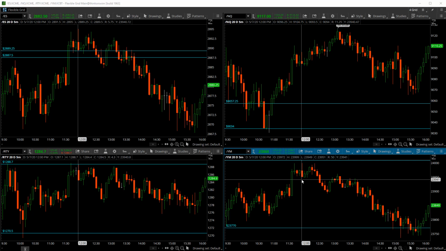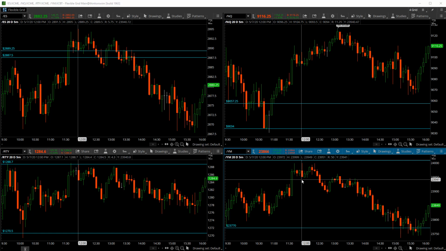And I come up with a scenario of if the market does this, then I'm looking to do this from these given levels. And one of the ways that I can enter into a position from a level is actually a divergence. Now, to simply define a divergence, it is just when one market is making a new high or a new low and one of the other markets is not.